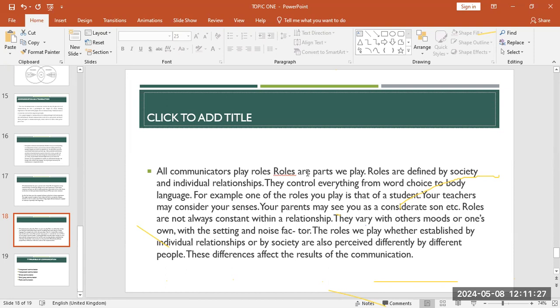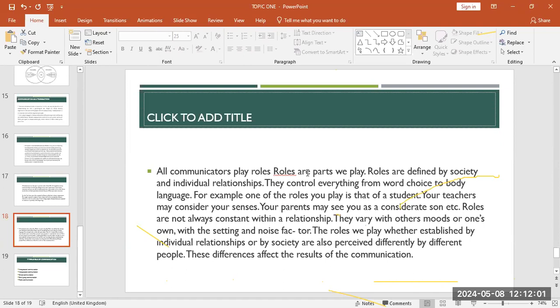Like right now, you are my students. What I expect from you when I ask you a question, don't tell me that you ate yesterday. I expect you to answer questions based on this unit. I expect you to give me your senses, give me your attention. When you get home, if you are a parent, you play a certain role to your children. When you're in my class, your role is a student.